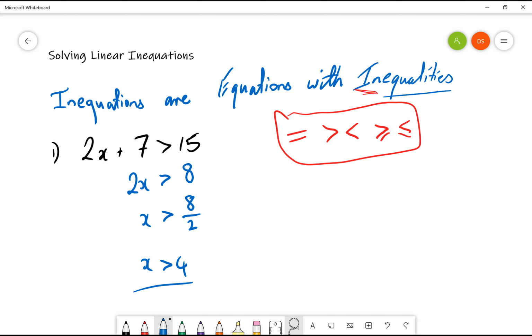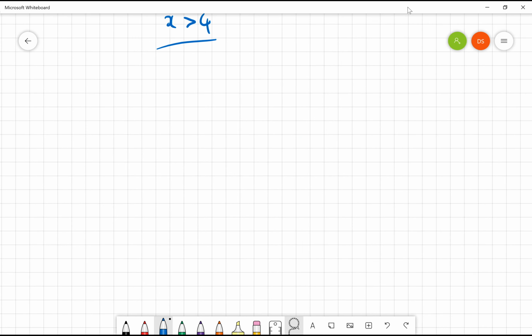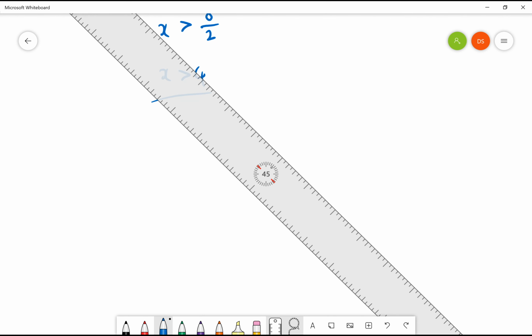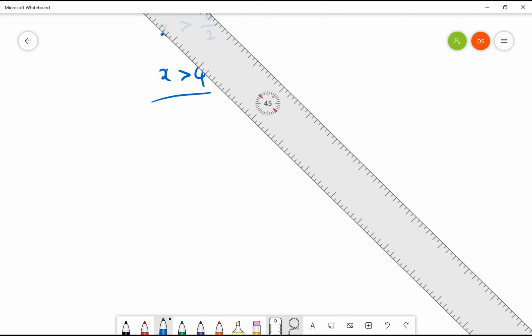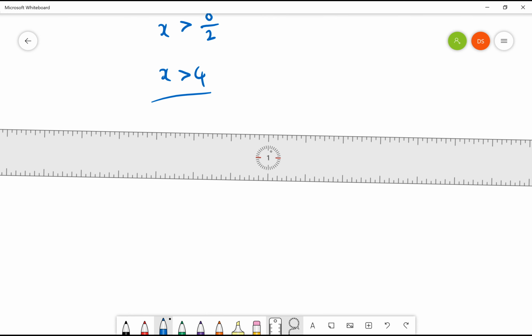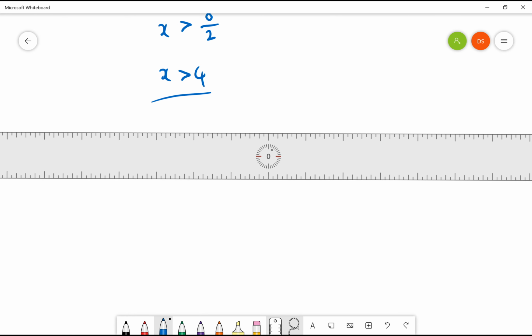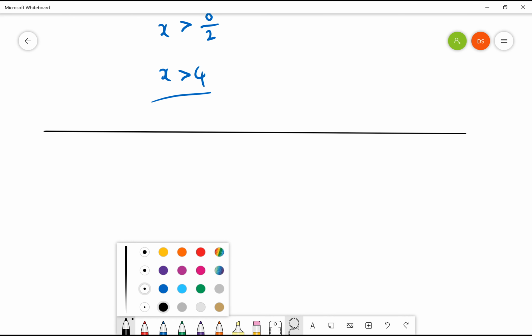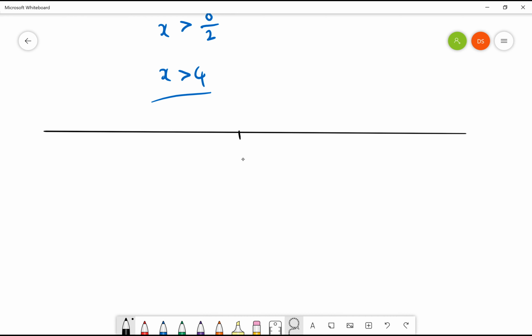And the reason it doesn't change is because, well, let's have a little bit of a number line. Hello ruler. Right, here's a number line. On this number line, I'm going to put 0 here.